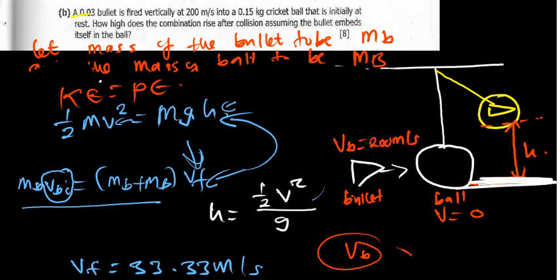But if they've given you h, you start from there. So that is it for the ballistic pendulum. Now in a case where you have been given an elastic collision, you use the same formula for elastic collision. If they ask you to find the velocity of the ball after collision, you use the same formula to find the velocity.